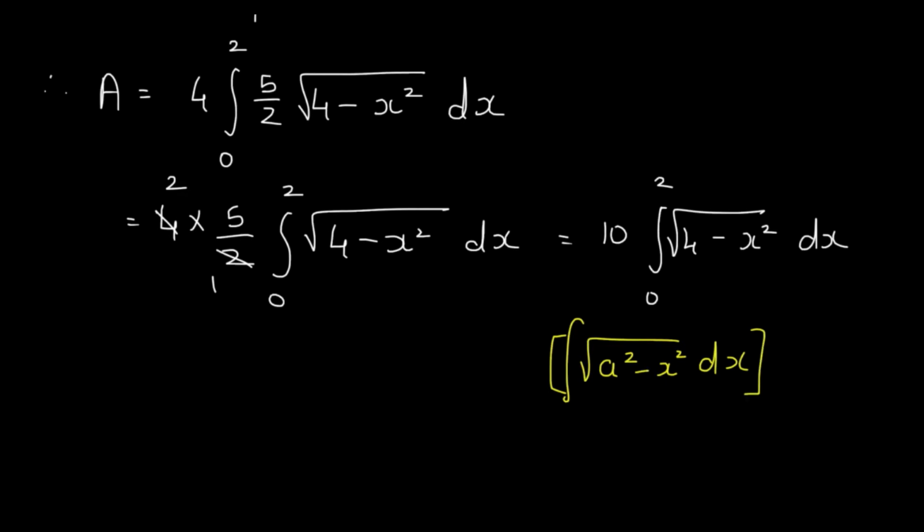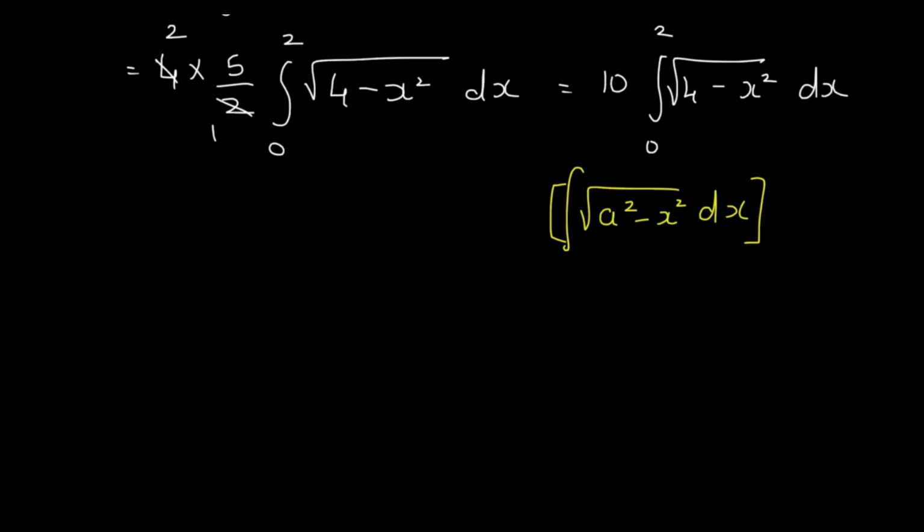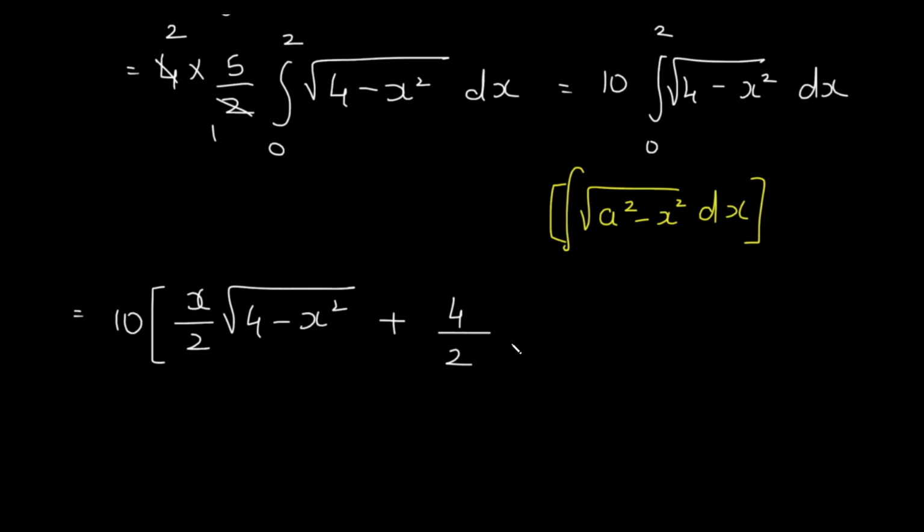Using this we get 10 into, the formula is x upon 2 root of (a square minus x square), that is 4 minus x square, plus a square upon 2, a square is 4, so 4 upon 2 into sine inverse of x upon a, that is x upon 2, in this case a is 2, from 0 to 2.